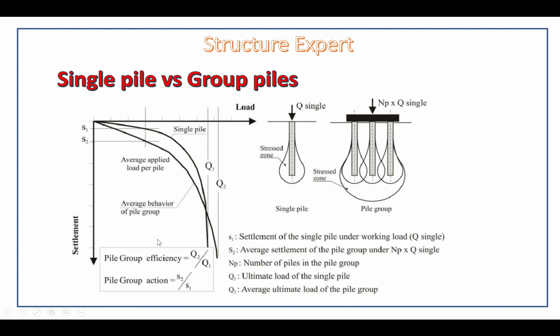Okay, remember that each single pile can have soil bearing capacity of 100 tons, but in the group pile it will bear less than 100 tons, for example 80 tons only.